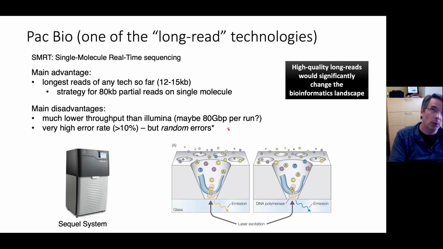Oh, the other thing is Illumina has trouble sometimes with multiple runs of a single base. So if you have a run of A's or a run of T's, for example, sometimes it makes a mistake. Like it will incorporate two A's and the software doesn't know, should it call a single A or two A's?